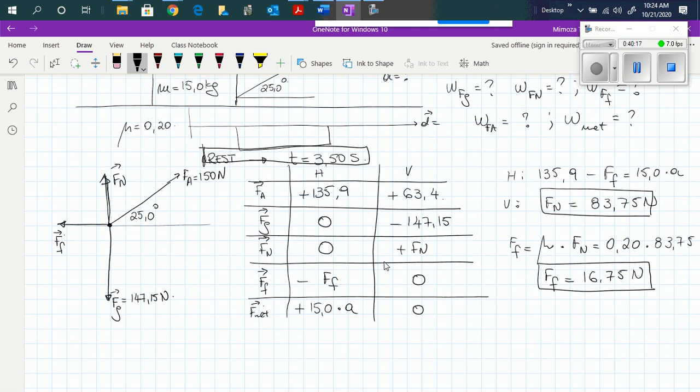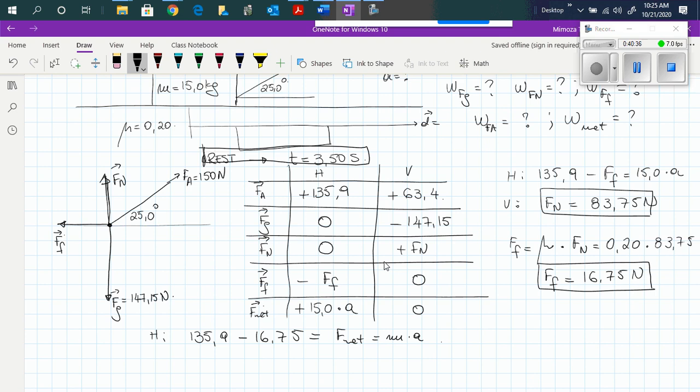So from the horizontal, what we have is 135.9 minus 16.75 is force net, or mass times acceleration.